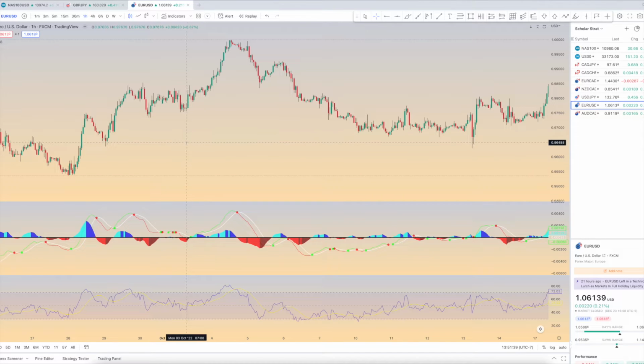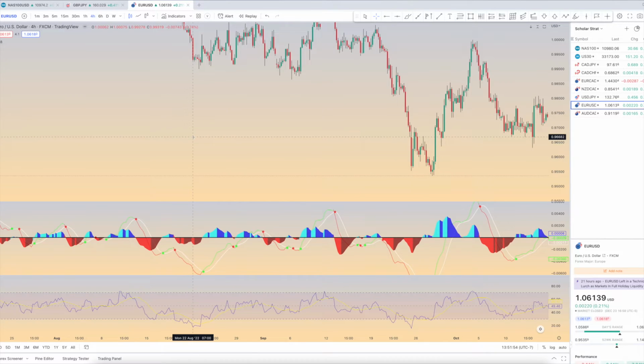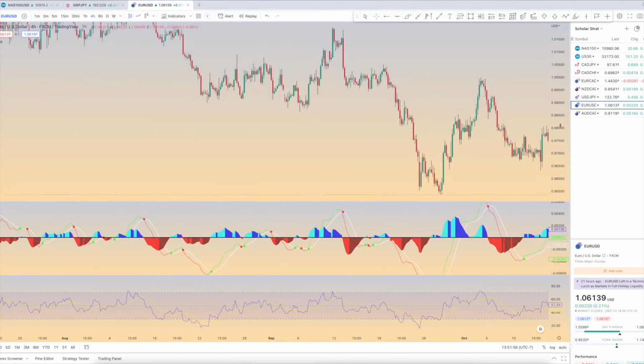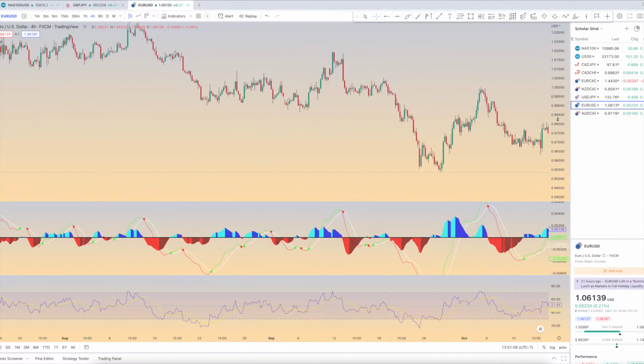So when we see something like this, we want to go to the highs right here. Unfortunately, this is too far spread out. I prefer going into a larger time frame. Okay, hopefully it didn't set me all the way back.